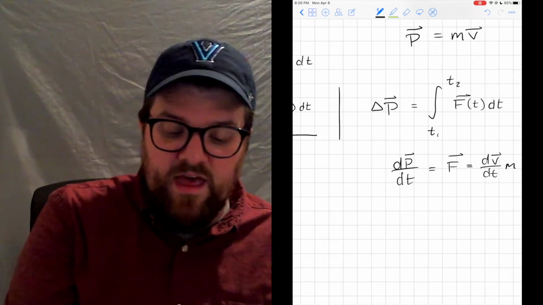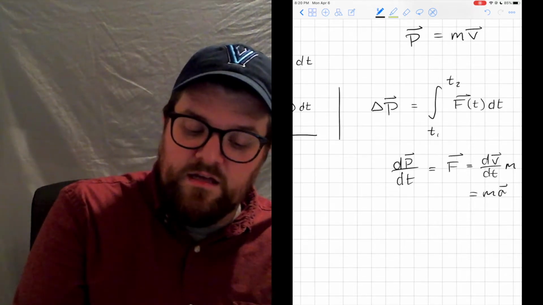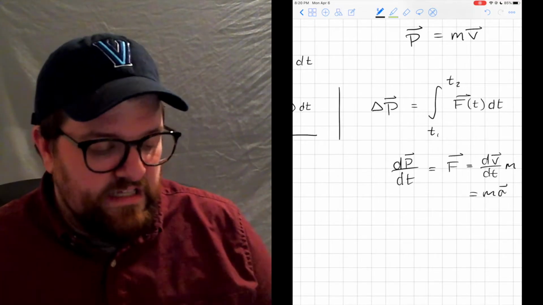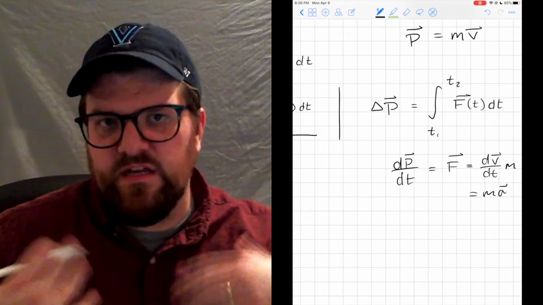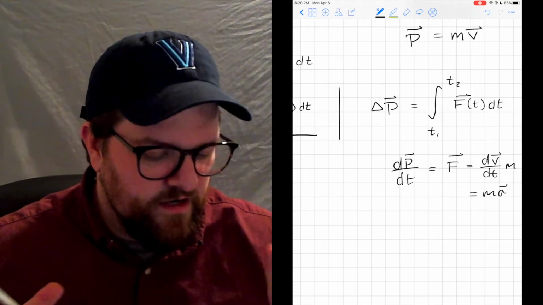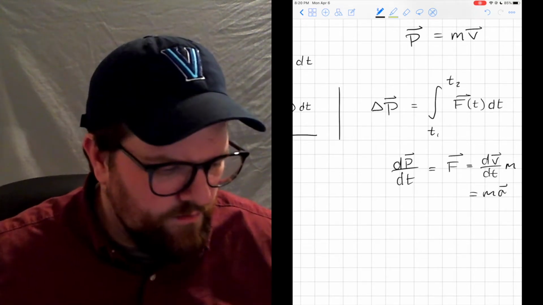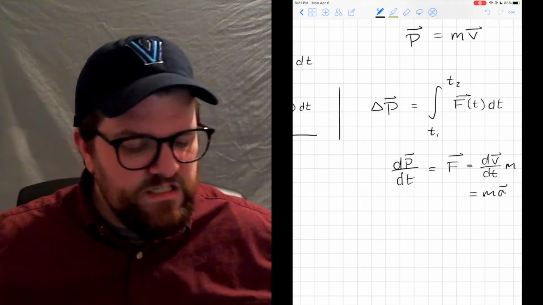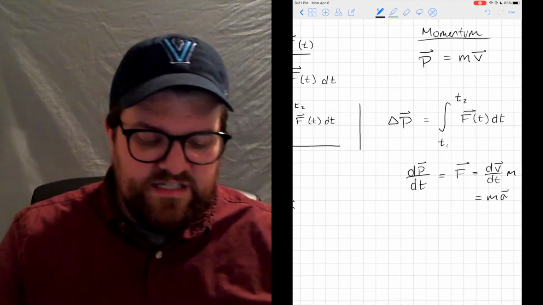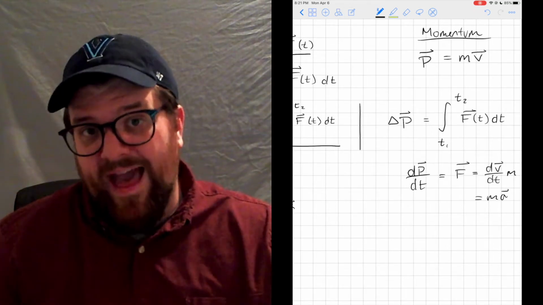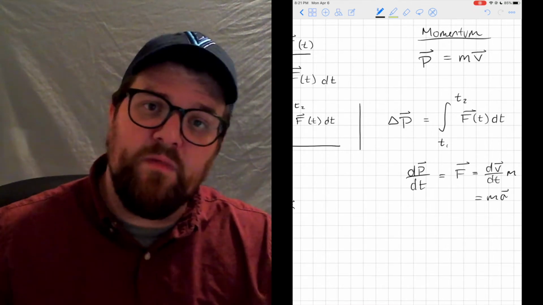Well, that's just ma. So everything's working in conjunction with one another. Everything is smooth. We can get back out what we put into it. This is looking good. So momentum is a measurement of something's mass and something's movement.